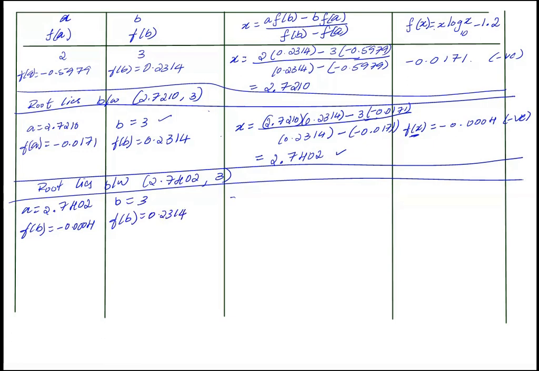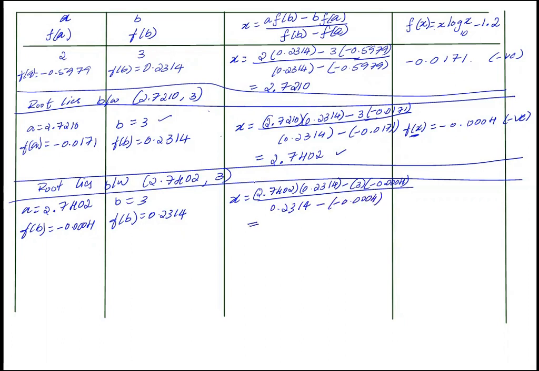Now again calculate the x value, that is a times f of b, that is 2.7402 times 0.2314, minus 3 times f of a, that is negative 0.0004, divided by 0.2314 minus of minus 0.0004.